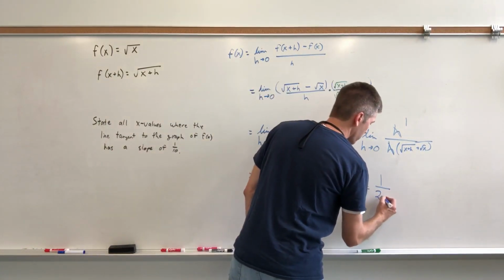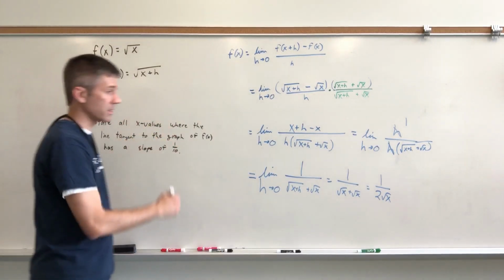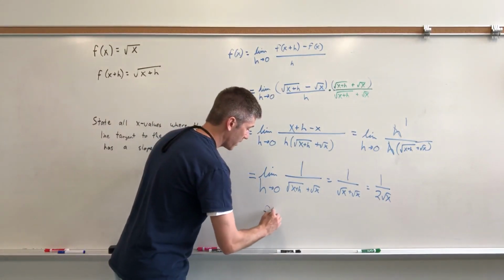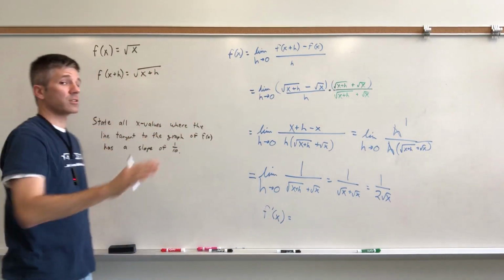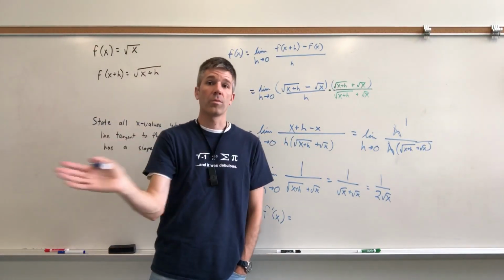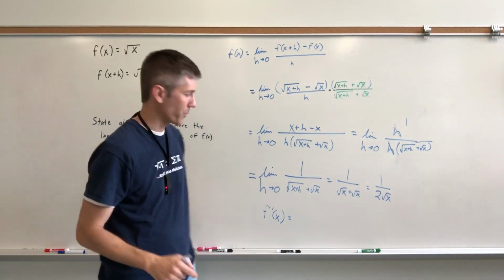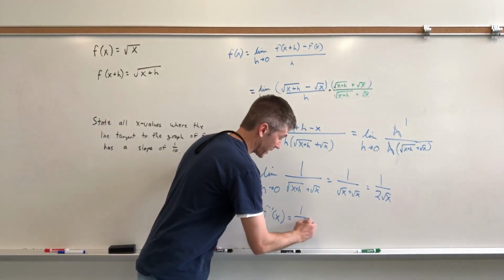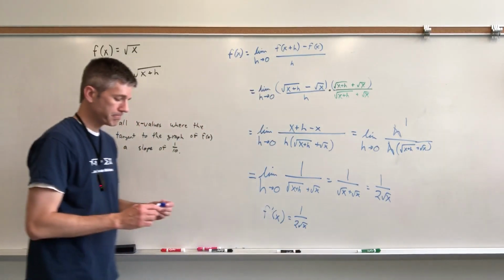So I have 1 over 2 square root of x. My final answer, other than the sentence that we'll deal with in a minute, is that the derivative of the square root of x, the slope at any point on the square root of x in its differentiable domain, which would not include 0, is this.